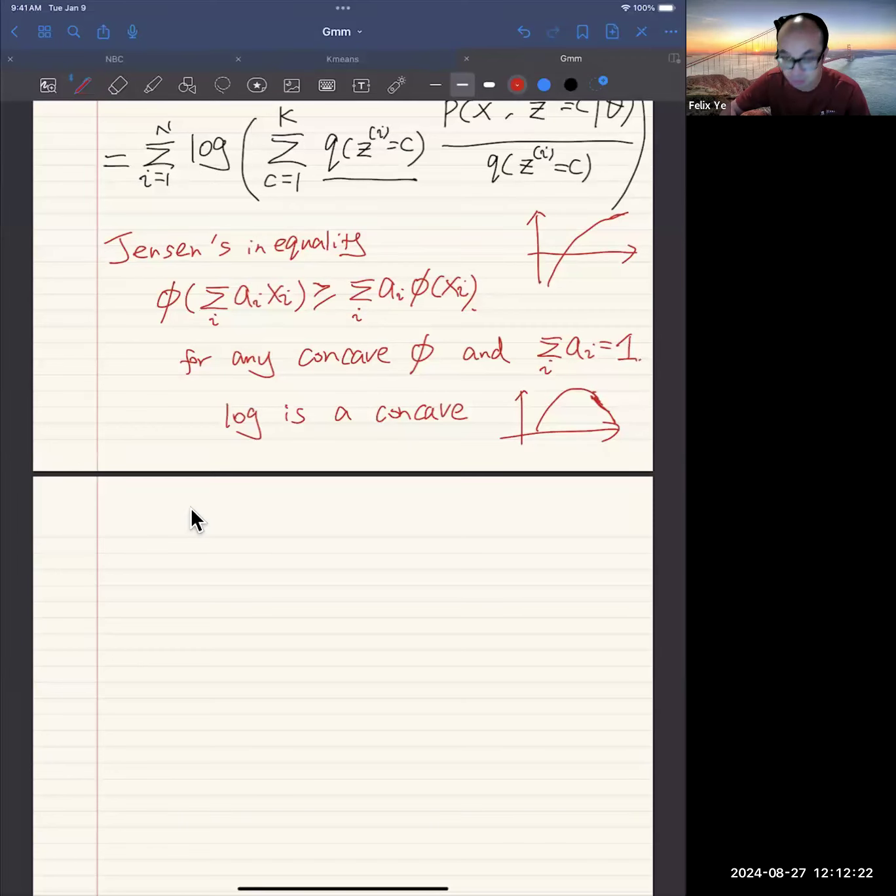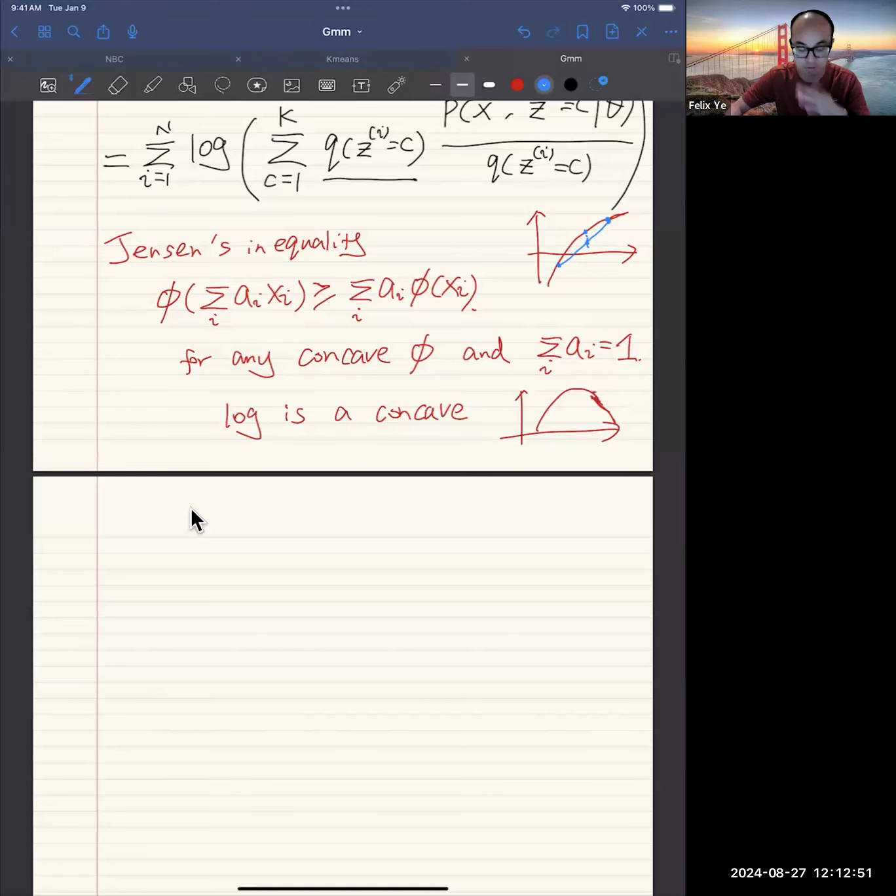To be more precise, the definition of concave is: if I have two points and connect the function values, the value at the middle of the connecting line should be smaller than or equal to the function value evaluated at the middle point. So this is called concave.